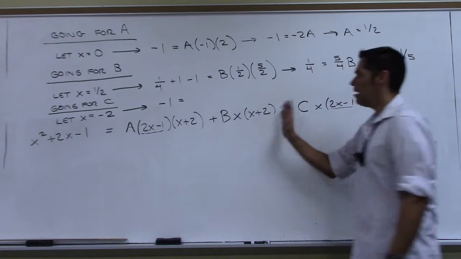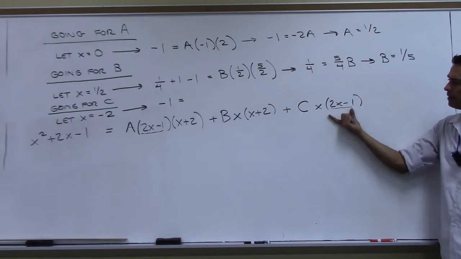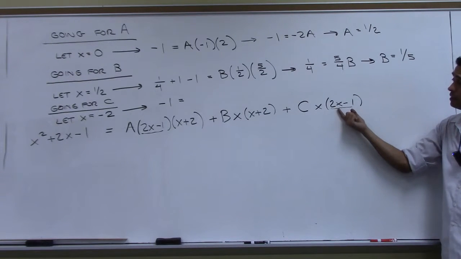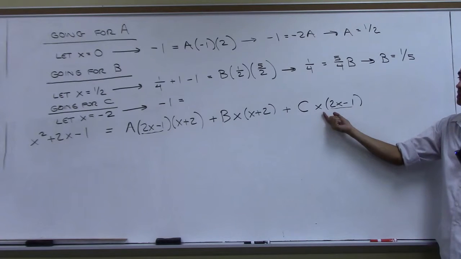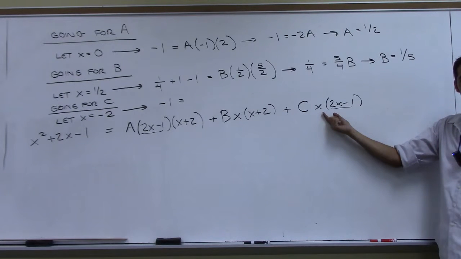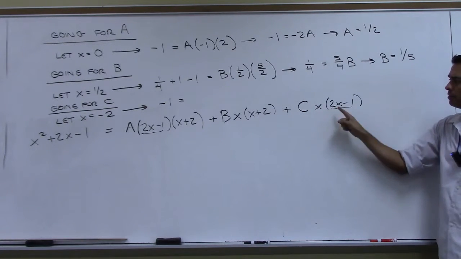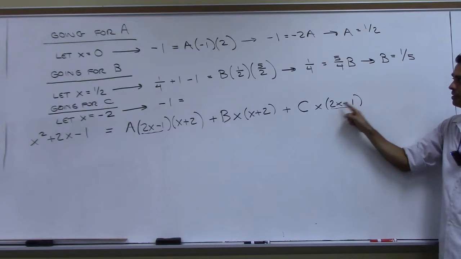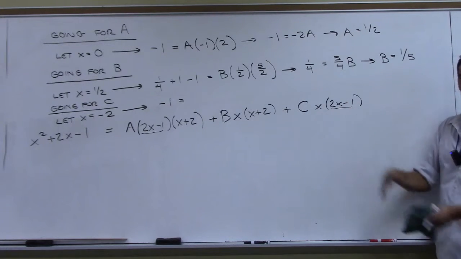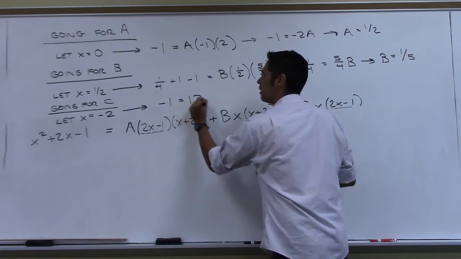And then the right side, everything's gone except for this, and I plug -2 in here. I get 10c. Anyone get 10c? 2 times -2 is -4, minus 1 is -5, times -2 is 10. So you should get 10c here.